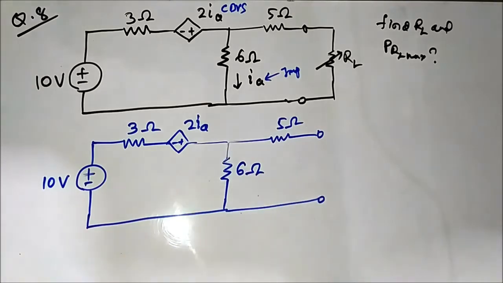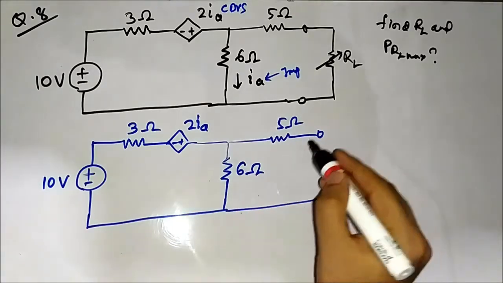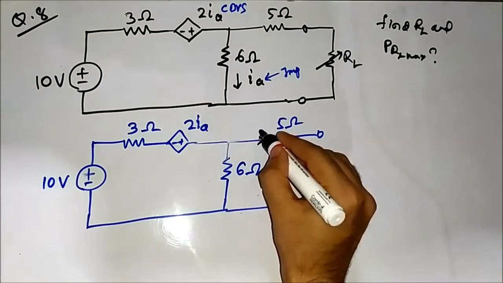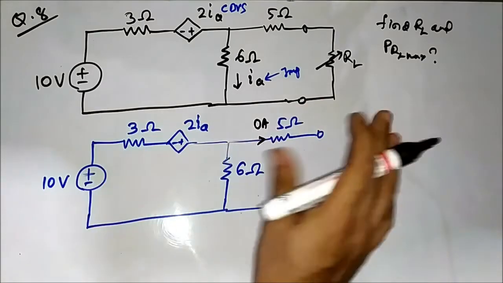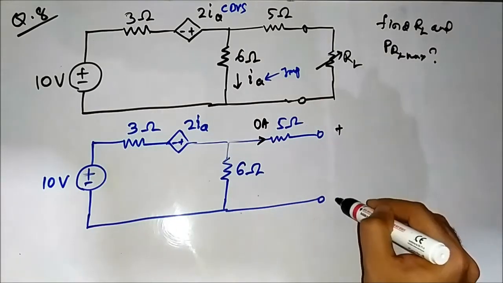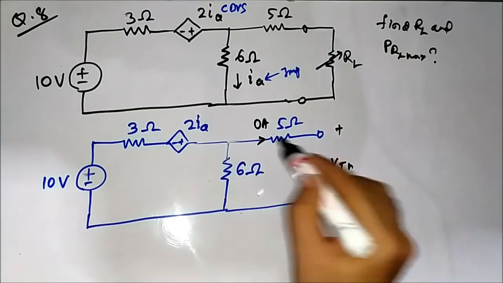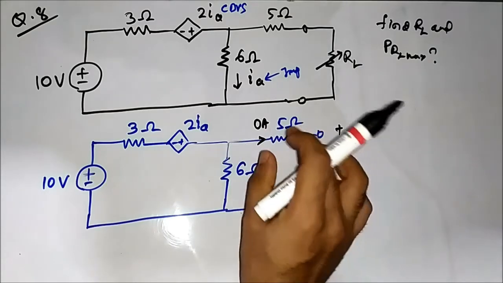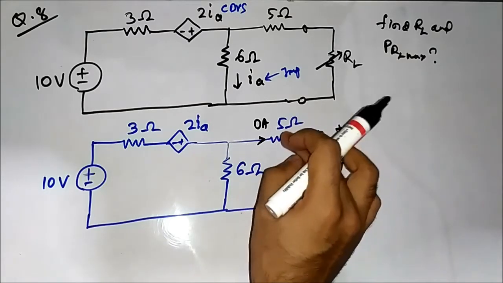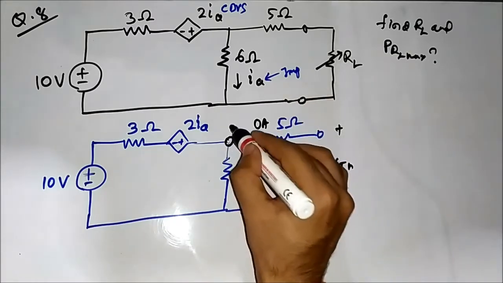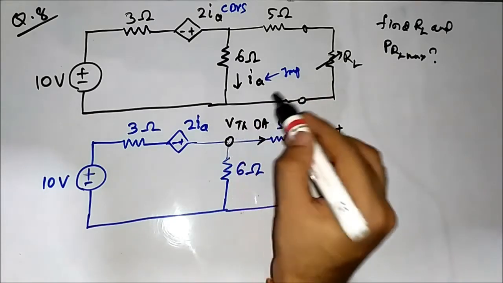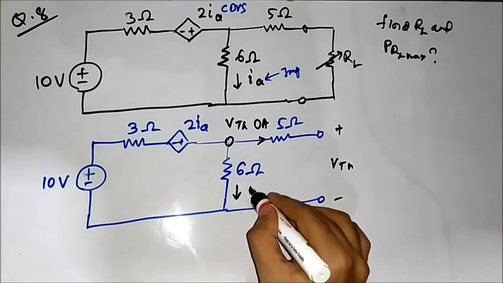Now, because this is open circuited, as a result of that, no current will be flowing through this 5 ohm resistor. This is VTH, Thevenin voltage, and as there is no current flowing through this 5 ohm resistor, so no drop, here the voltage will be VTH. This is IA.